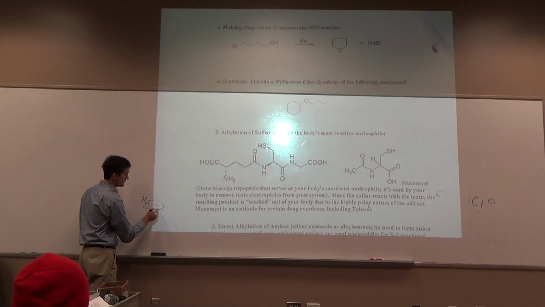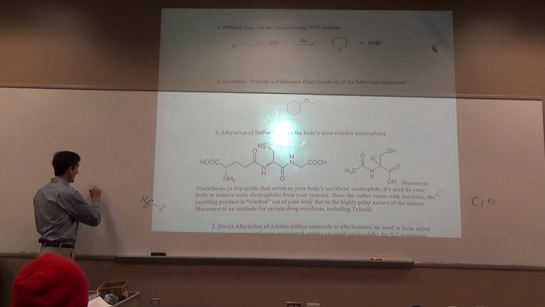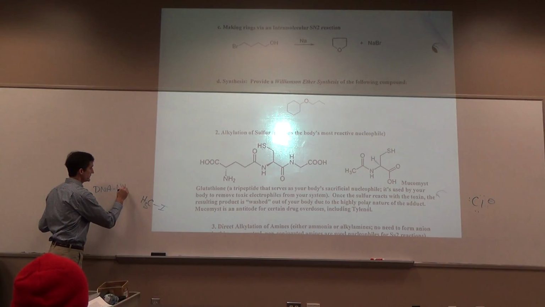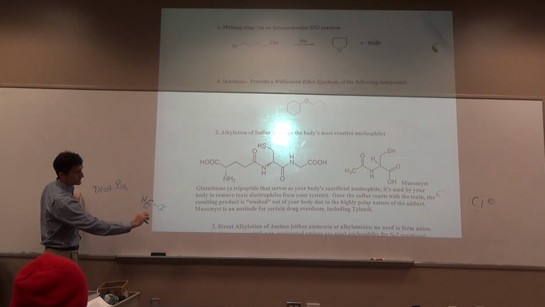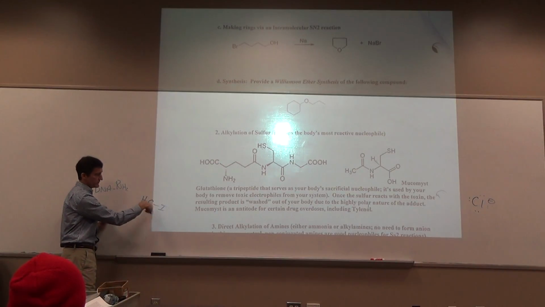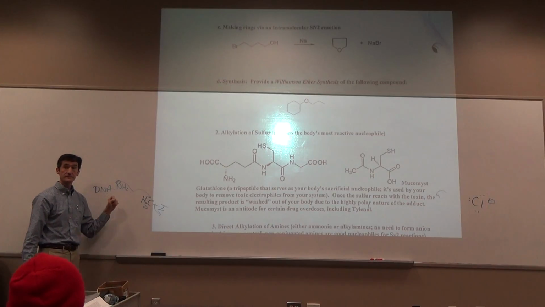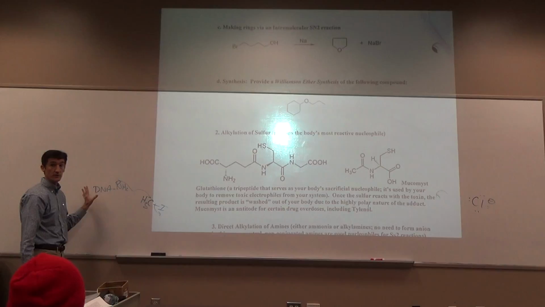For example, methyl iodide is quite toxic. Lots of your biological molecules have nucleophiles in them, like DNA, which has amino groups. And if you ingest or inhale methyl iodide, you'll start alkylating your DNA, putting a methyl group on your DNA. And then you're going to start causing cancer and whatnot.